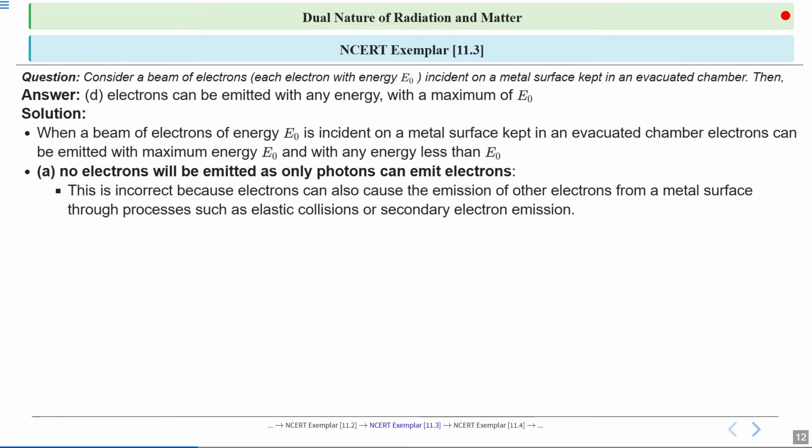So it's not only photons that can cause electron emission, electrons can do it also. This means the idea that only photons can emit electrons is a misconception. Both photons and electrons can provide the necessary energy to release electrons from a metal surface, depending on the situation.